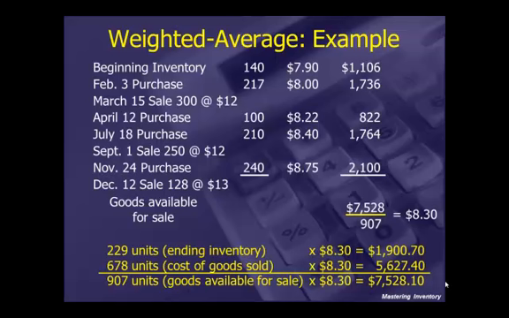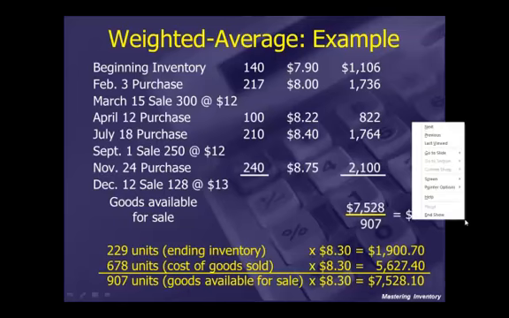The ending inventory appears on the balance sheet. The cost of goods sold appears on the income statement, and the total goods available for sale, well, that may be on the income statement as well. It would be under periodic that would be showing in the cost of goods section.